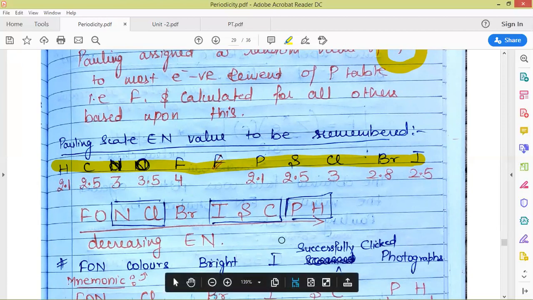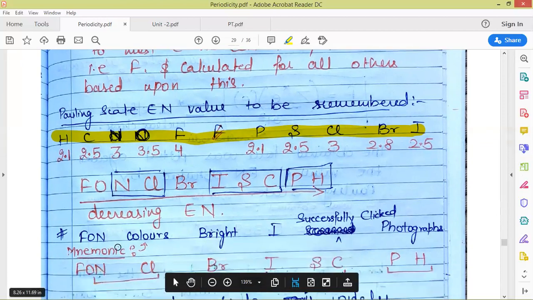This sequence we can learn through a mnemonic. Here FON represents phone, that means cell phone. Phone, colors, brightness: after adjusting phone's colors and brightness, I successfully clicked photographs.